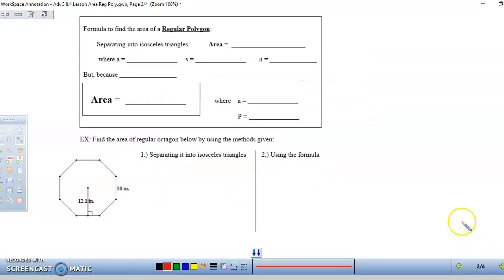Now we're going to talk about how to find the area of that polygon. There are 2 different ways to go. One way is to separate it into those triangles. To find the area, you would have the area of one of those triangles, and I'll put that in parentheses. So that's going to be 1/2. The base is the side length, and the height is the apothem.